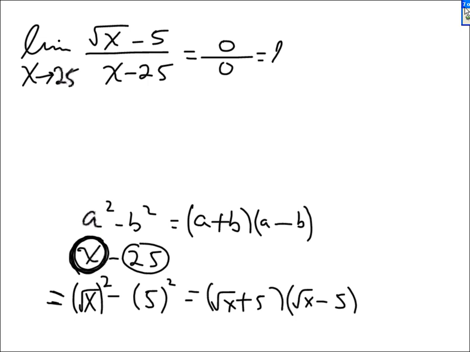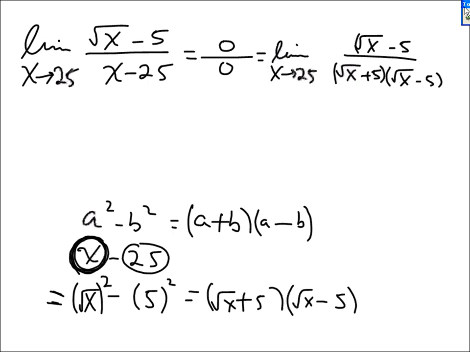And then what you get, the limit as x goes to 25: the top is the square root of x minus 5, and the bottom factored is the square root of x plus 5 times the square root of x minus 5. Since x is never 25, we just get closer and closer to it, this is not 0 and that's not 0.